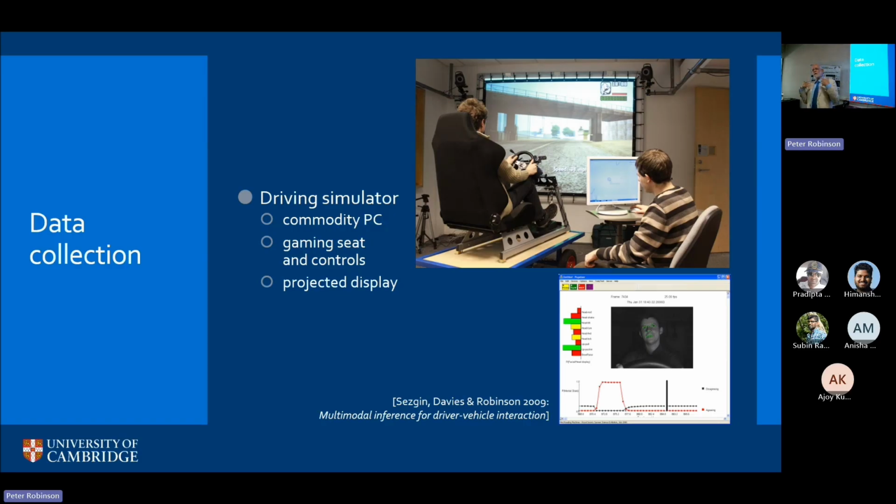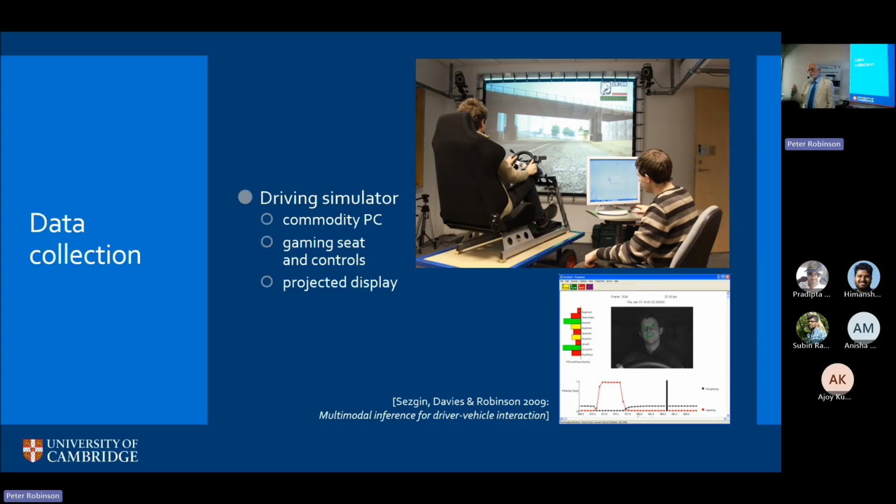We can control the other traffic in the simulator. We can control the weather conditions. We can even stress the driver by making them do mental arithmetic at the same time as they're driving.